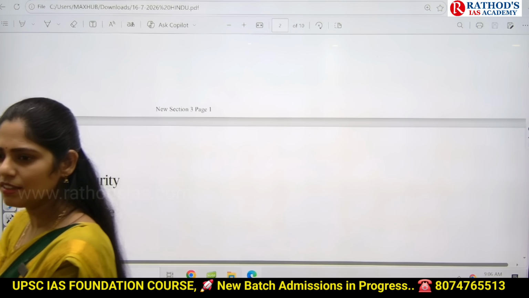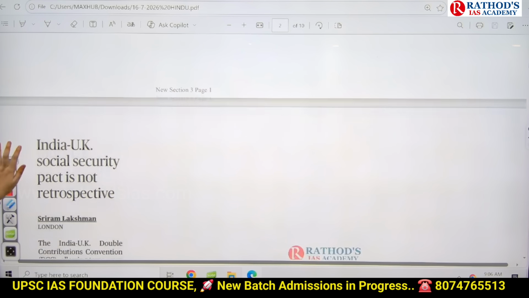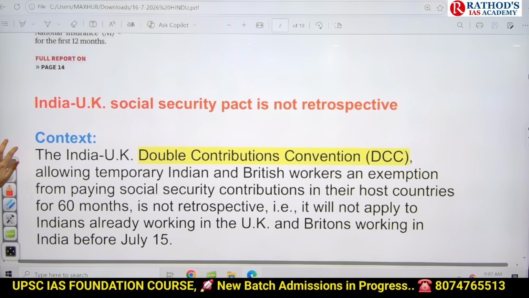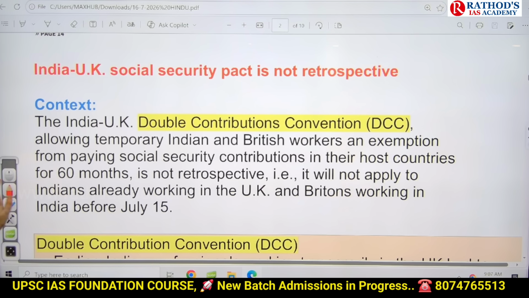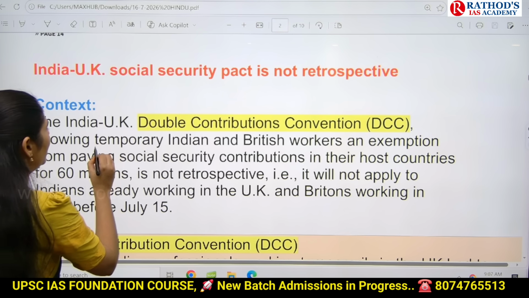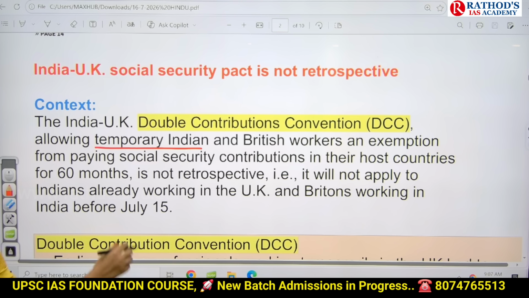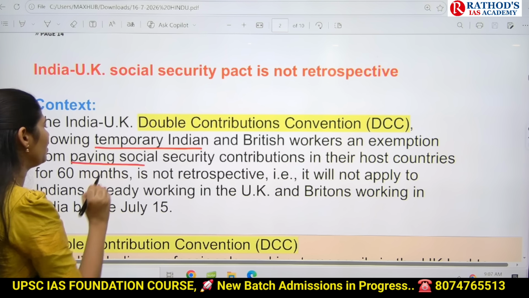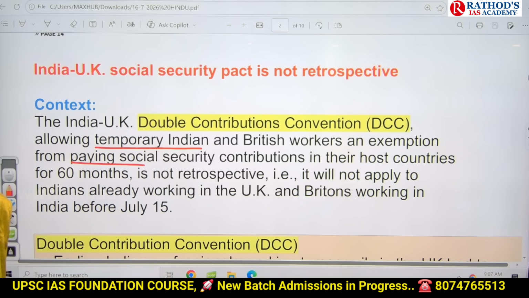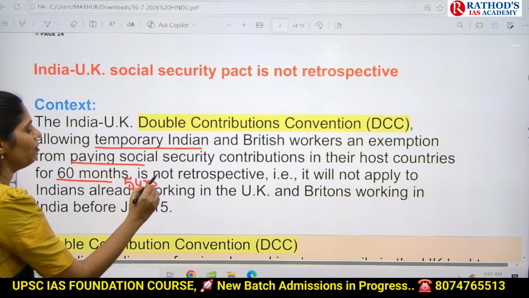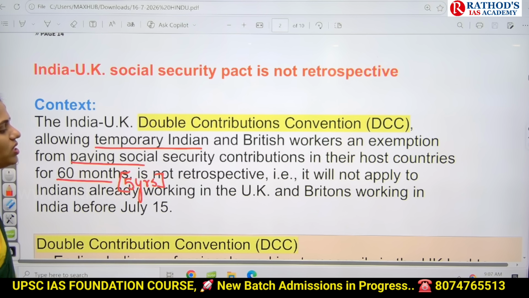Is that clear? Okay, now let us see the context. The context says that the India-UK Double Contribution Convention allows Indian workers who are temporarily going to the UK to have an exemption from paying social security contributions in the host country for 60 months. That means for 5 years there is no need to pay social security contributions in the UK.